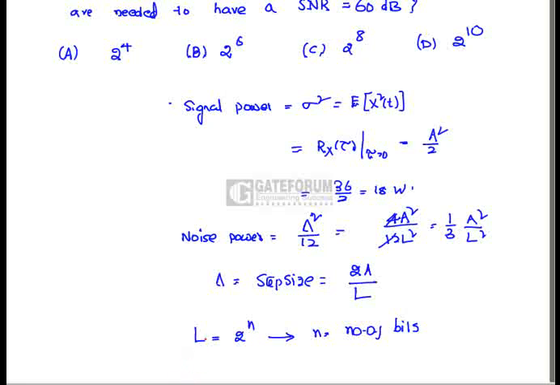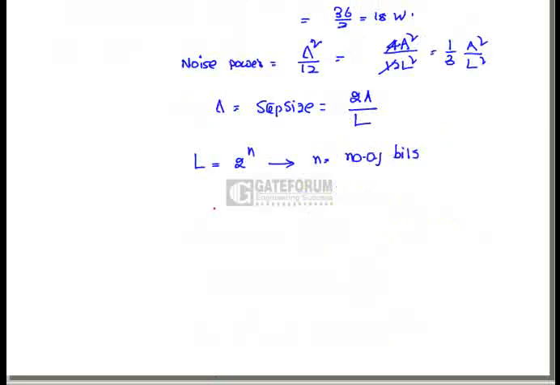By using those signal power as well as the noise power relations, we can get the SNR equation as follows. Already we know SNR equals 60 dB.